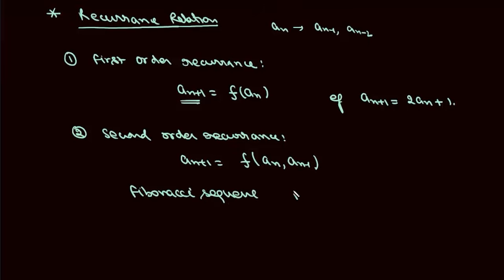In this, we know that F_(n+1) will be equal to F_n plus F_(n-1), where F_1 is 1 and F_2 is 1. And the type of recurrence is linear recurrence.